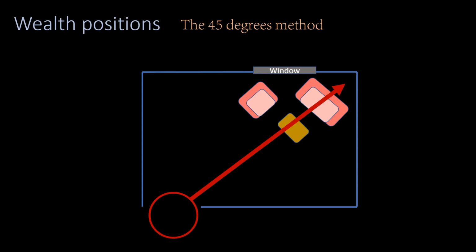You look about 45 degrees to your right, to the furthest corner that you can see. That is going to be the wealth corner of your home.